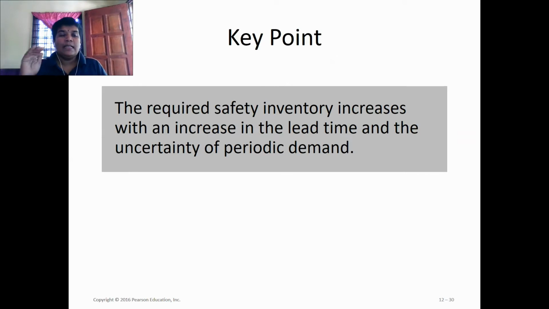I repeat, as lead time increases and the uncertainty of periodic demand increases, the required safety inventory increases.